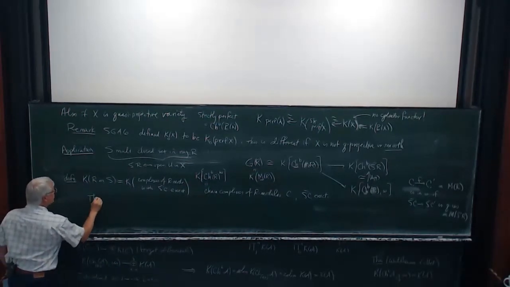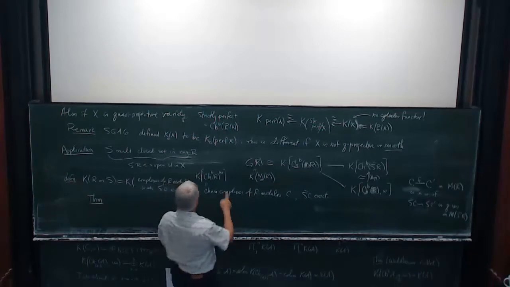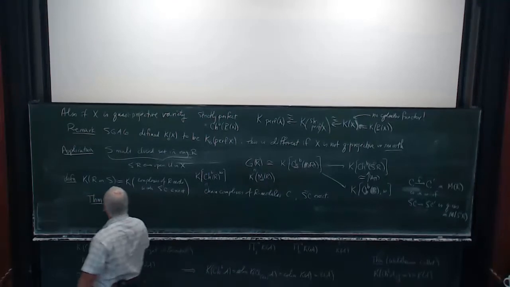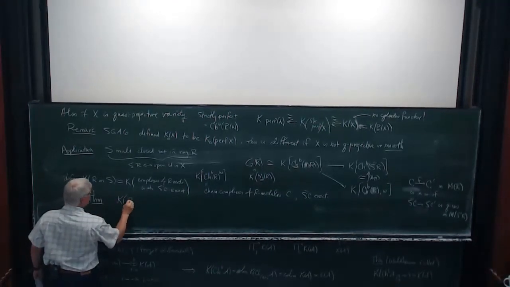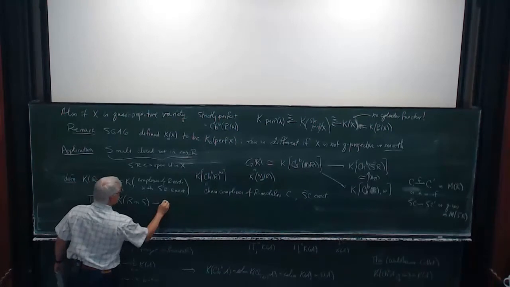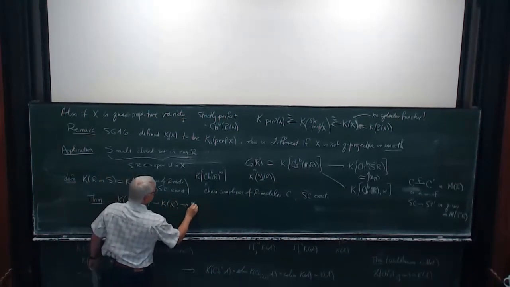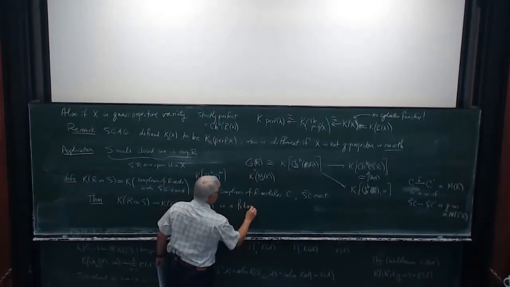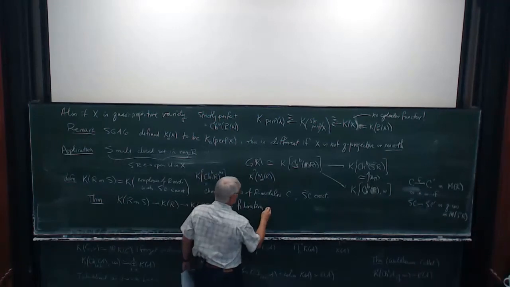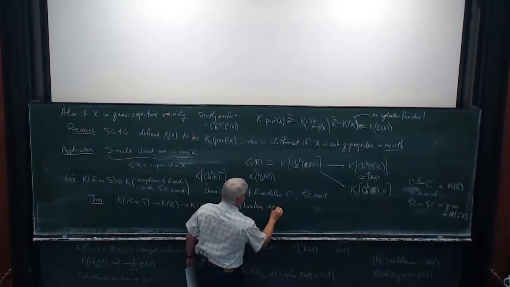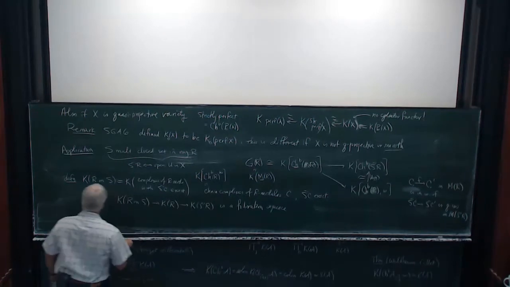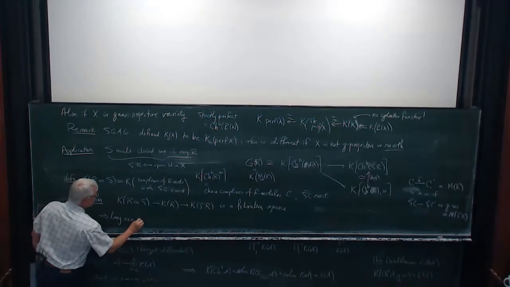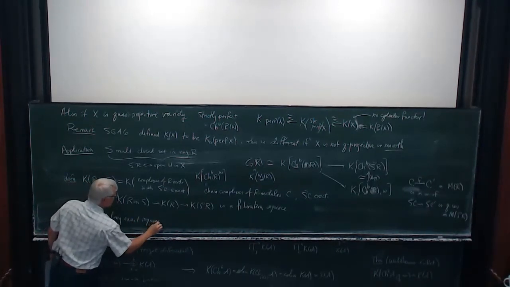And the theorem that I've just shown you here, the localization theorem, says that the K-theory of R on S to the K-theory of R to the K-theory of S inverse of R is a fibration sequence. And that means that you get a long exact sequence on groups.